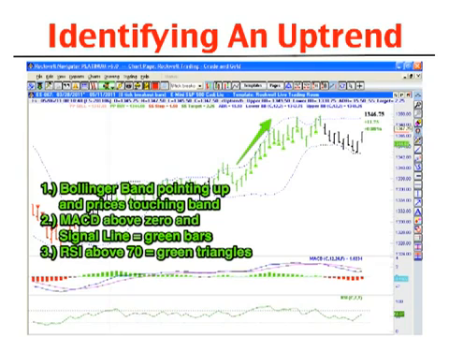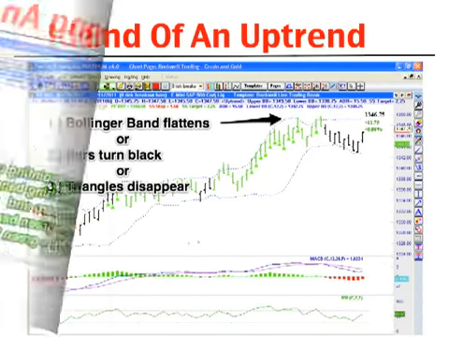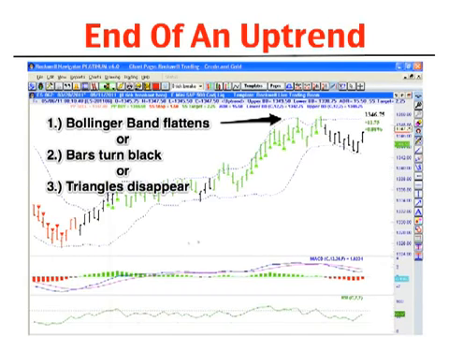I want to see that the bars are green, meaning that the MACD is above the zero line and above its signal line. And I want to see that the RSI is above 70, meaning that I see green triangles below the bars. And as soon as the triangles disappear, or the upper Bollinger Band flattens, or the bars are turning black, then I know that the uptrend is over.